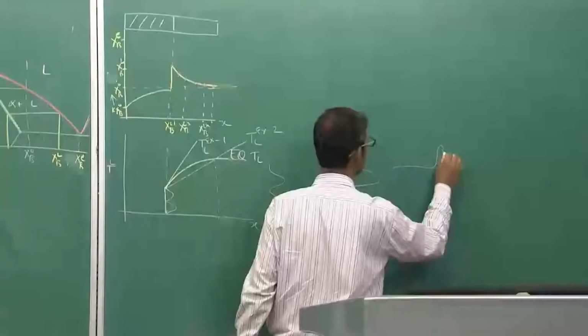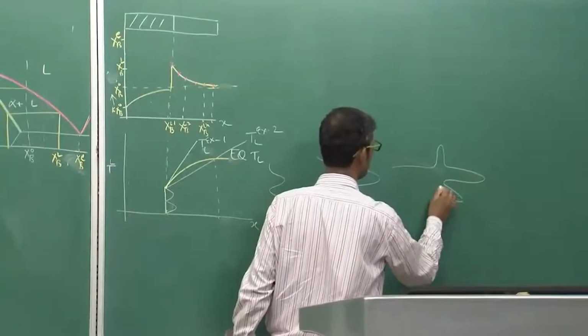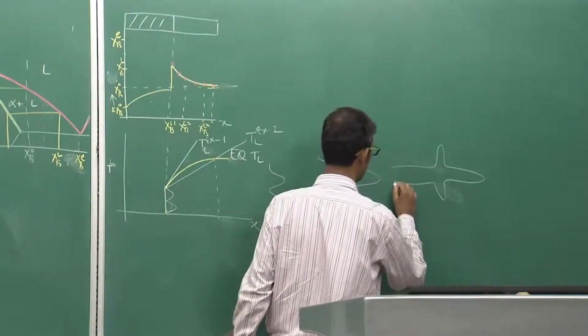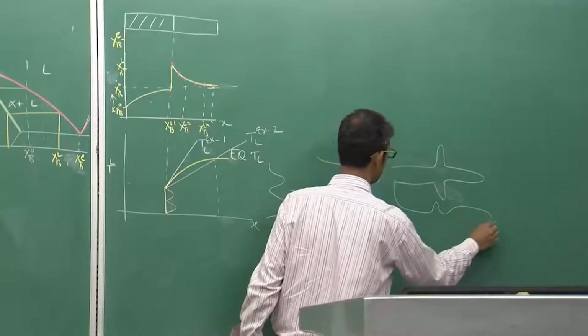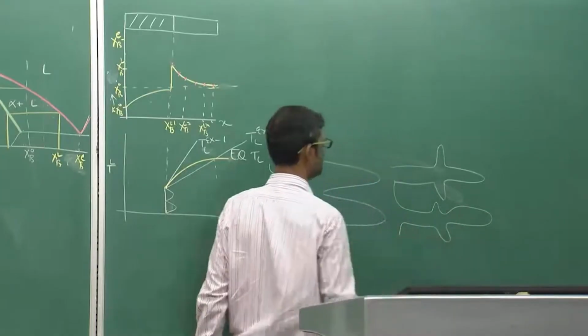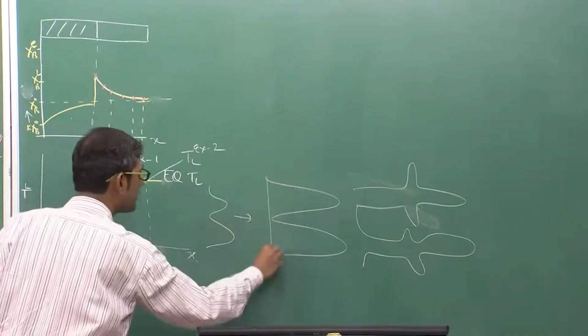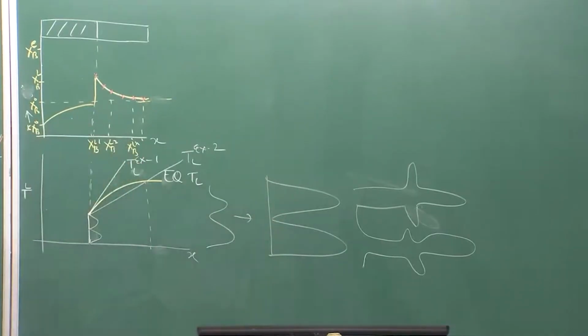And finally, these features will become dendrites. First the interface breaks down and we form cells. Cells do not have any secondary or tertiary arms. Then secondary or tertiary arms form, and they become dendrites. That is what happens in actual practice.